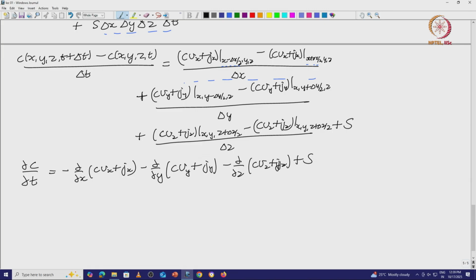plus the source term. It is conventional to take the convective parts to the left hand side.